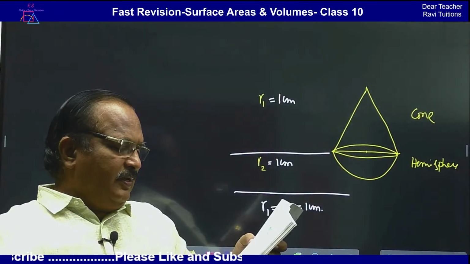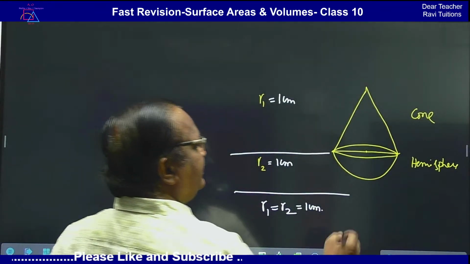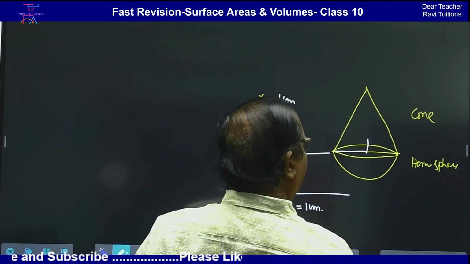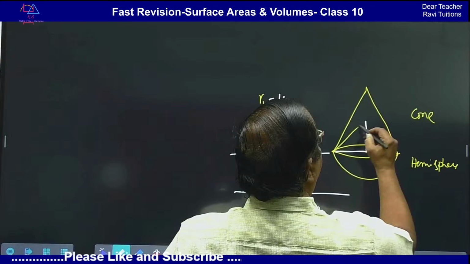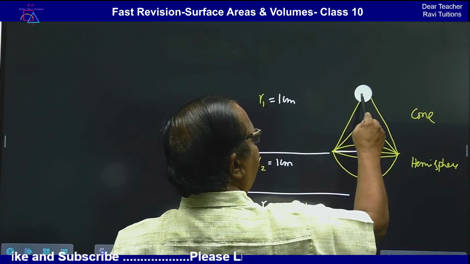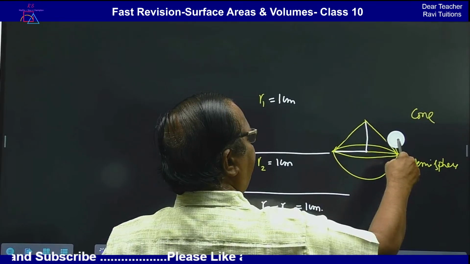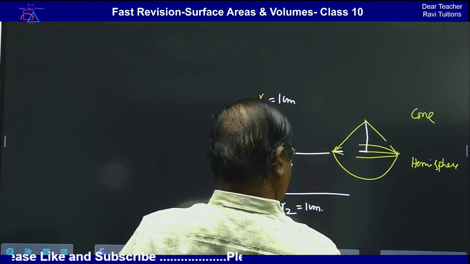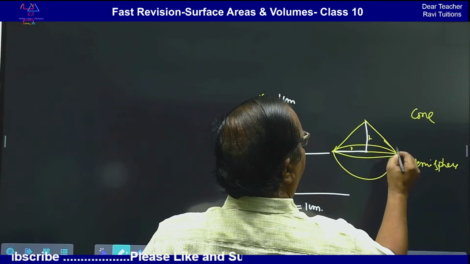And then the height of the cone is equal to the radius. Here I have drawn it bigger, but the radius is equal to the height. So let me reduce it. The height of the cone is equal to the radius. So this is the radius, and this is the height.